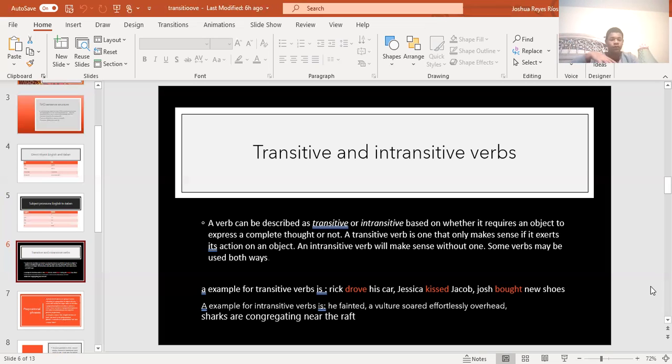Sharks are congregating near the raft. They don't need an object. But if you were going to make a transitive verb, let's say he fainted on the football field. Now it's a transitive verb. Let's go to the next slide.